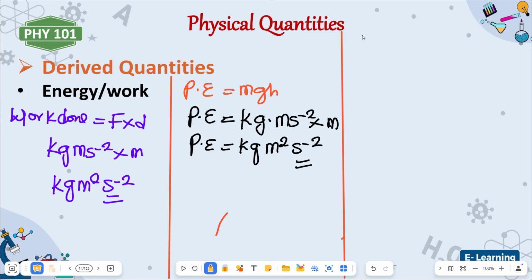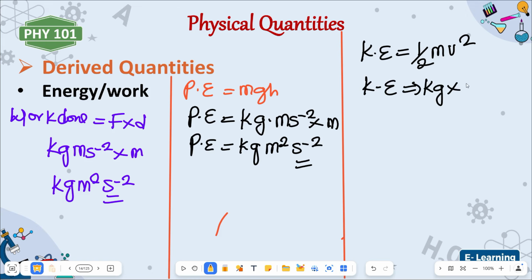Then the last one is kinetic energy. It's another form of energy. We expect all of them to have the same unit because they are all energy, just different forms of the same energy. So we have kinetic energy, and the formula for kinetic energy is what? Half mv squared. Nothing concerns us with this half when we are talking about the units. What we are more concerned about is the mv squared. So for kinetic energy, the unit for m is kg, v is what? Meter per second.